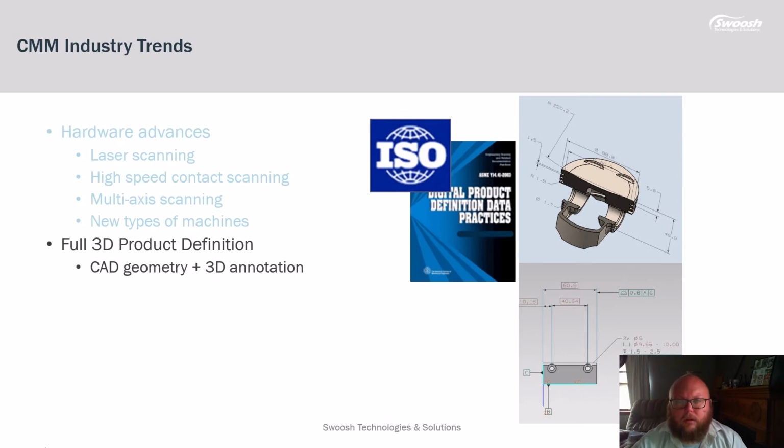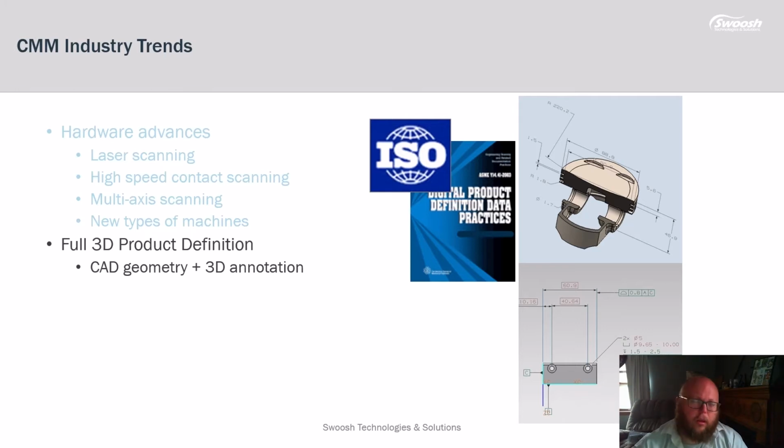So in addition to hardware advances, one thing that is becoming commonplace is the use of the model, where we always want to inspect to your CAD geometry as opposed to having a two-dimensional print and using that data. More and more we want to measure based on the 3D model and additionally use 3D annotations, so PMI information.